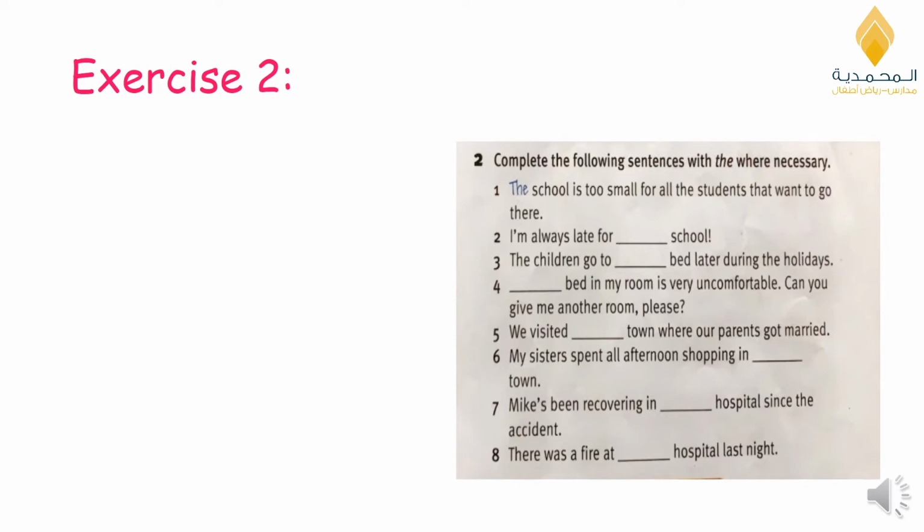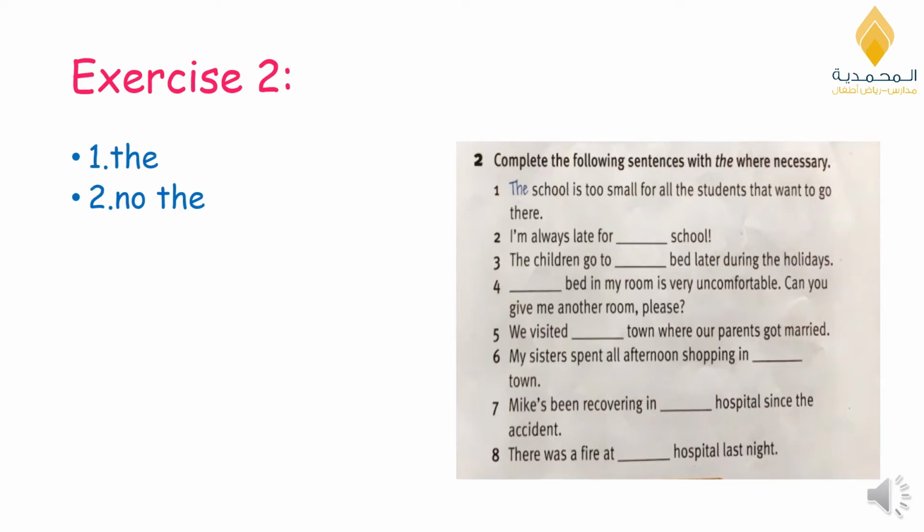Here I'm talking about a specific school. That's why I'm using the. Number 2, "I'm always late for," what do you think? For school or for the school? I have to use the because here I'm going to a specific school, which is known to everybody around me. So here I have to put the.